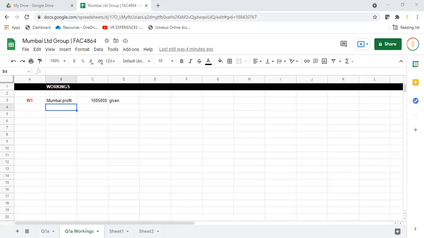However, from a group perspective, when there is a particular contingent liability, like in this case, then at the date of acquisition, the group needs to recognize the contingent liability. So from a separate book point of view, there is no liability, whereas from a group perspective, there is a liability of 280,000 Thai baht.